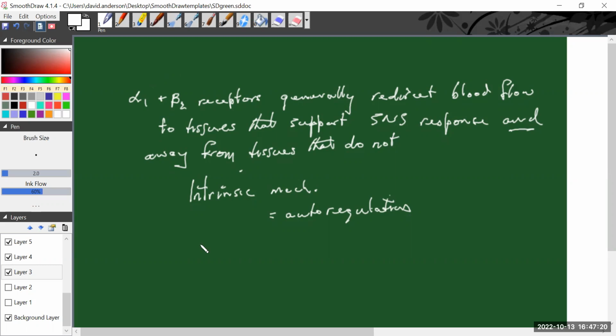So, for example, endothelial cells, those are the cells that line the blood vessel, can release a chemical messenger, hey, chemical messengers, something to think about, called nitric oxide.